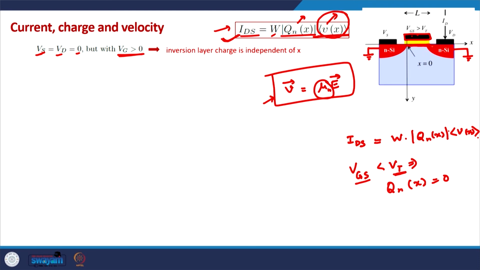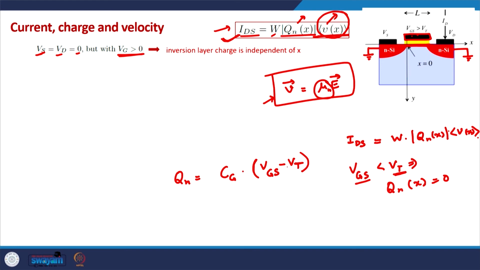So, the charge in the channel will depend on the capacitance of this capacitor times the voltage applied, which is generally the gate capacitance times the voltage applied. And if VGS is less than VT, then there is no charge, so effectively the charge starts appearing as soon as VGS is greater than VT.